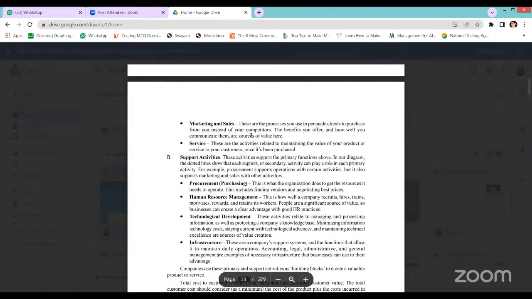Then marketing. What kind of marketing activities will you take? How do you persuade your customers to buy your products? Standing apart from your competitors is what marketing relates to: persuading the customer towards your products and making them buy. How you communicate and how you persuade your customers is important. And finally, service after sales.